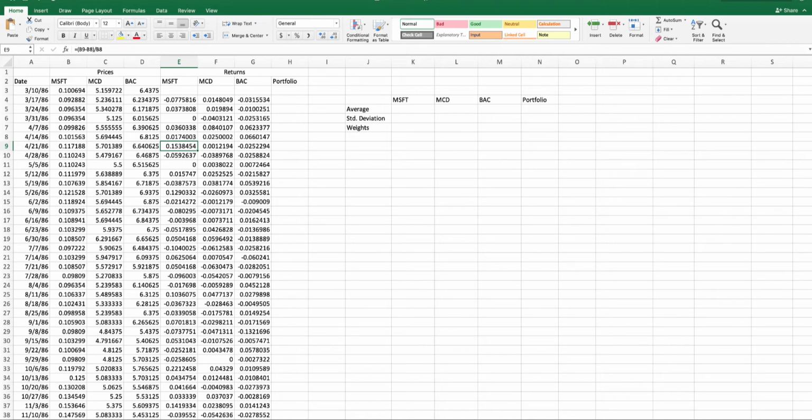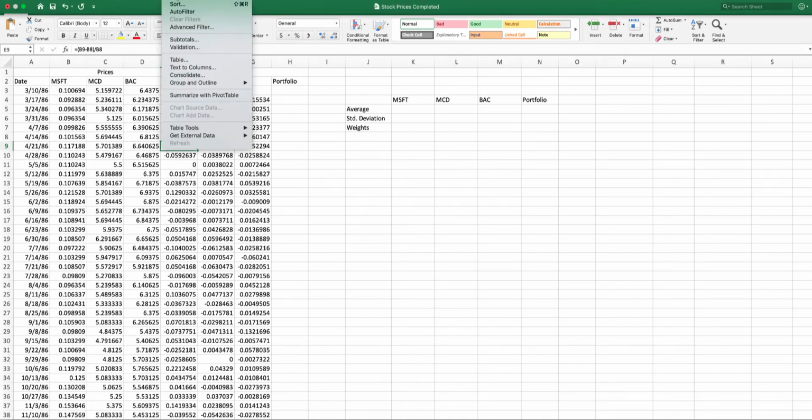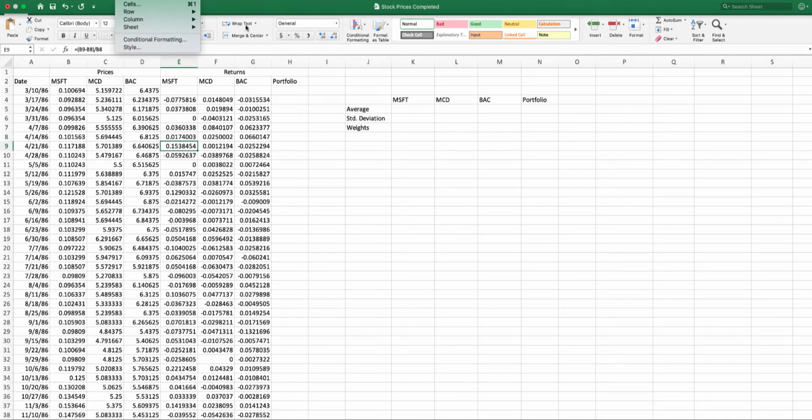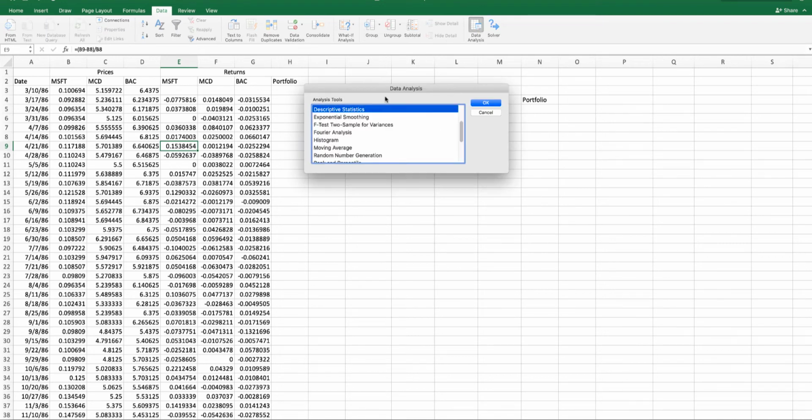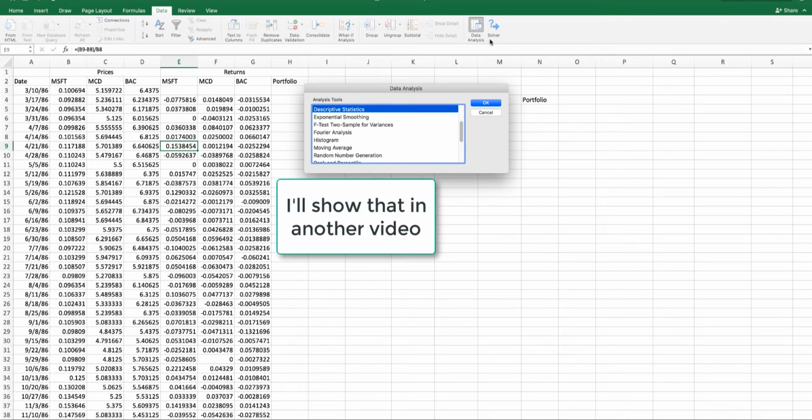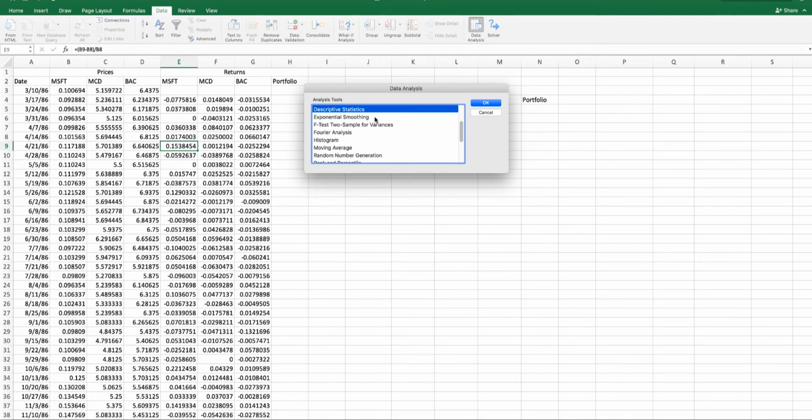One of the easiest ways to calculate it is to use the correlation matrix under data analysis. I'll show you in a bit how to get these add-ins in Excel, I know I skipped over that part.